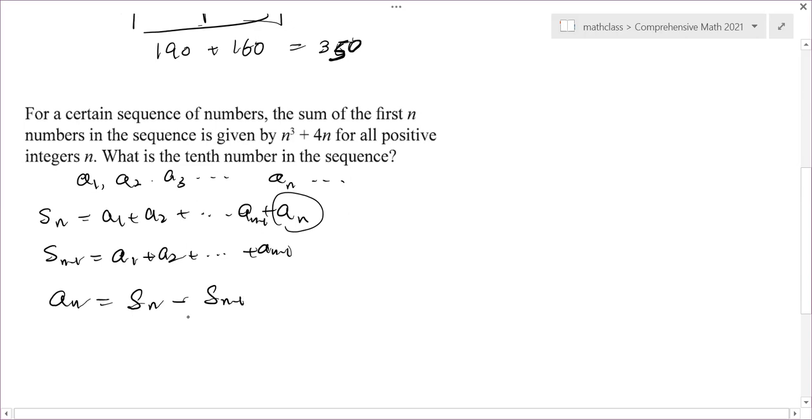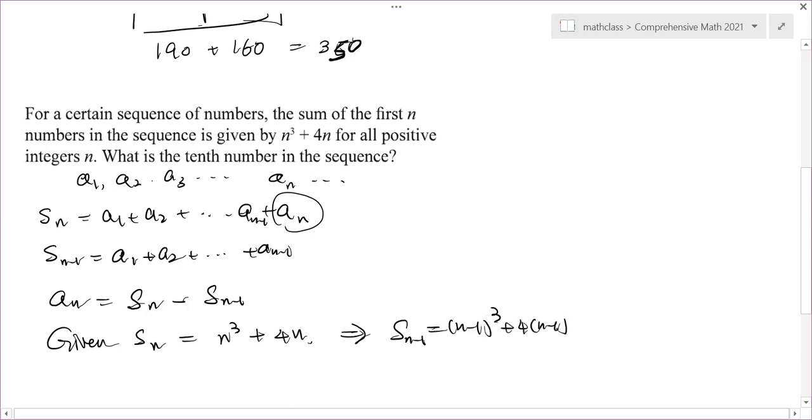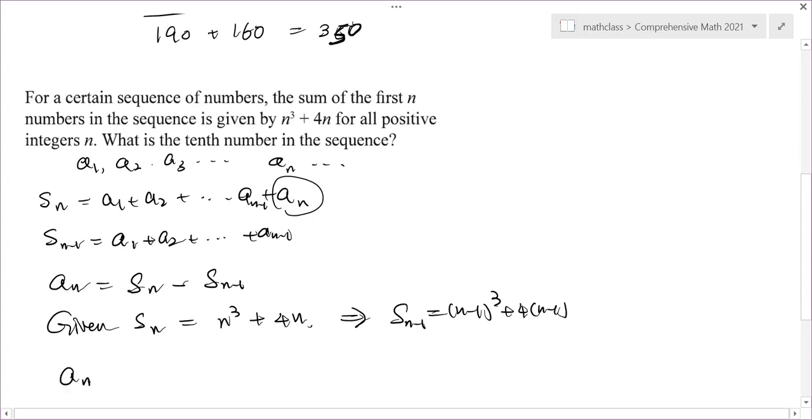So we can even get a general formula. What we are given is Sn, which is n cubed plus 4n. Using this formula, you can also figure out S of n minus 1, which is n minus 1 cubed plus 4 times n minus 1. So I can figure out the nth term.